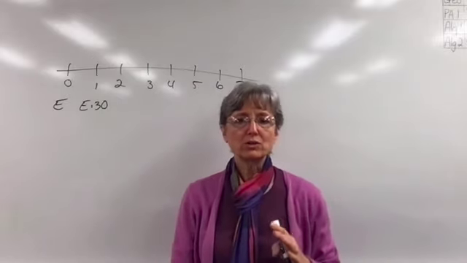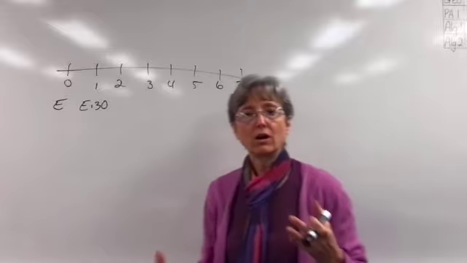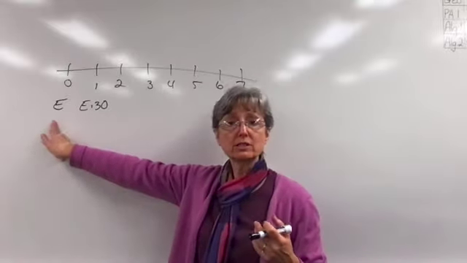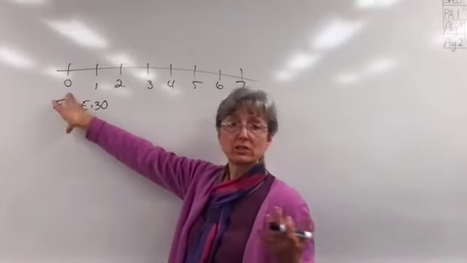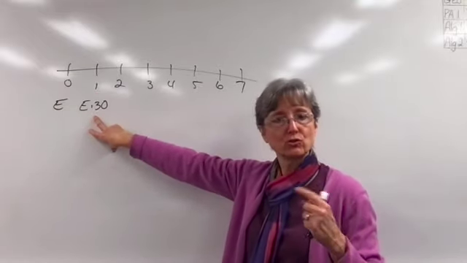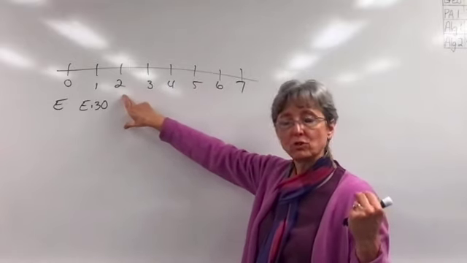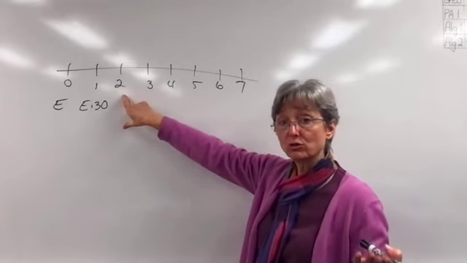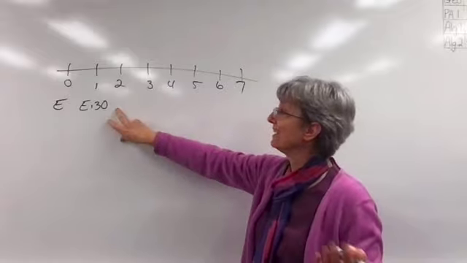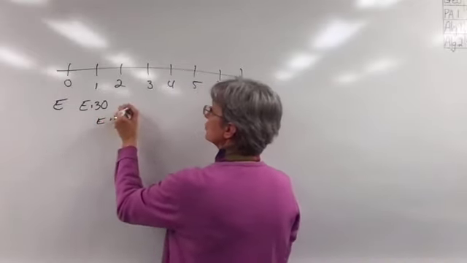Let me show you how this works with earthquake magnitudes. So our energy is the energy released. That's the amount of energy at 0. At 1, it's just the amount of energy released times 30. Each time you go up, so it's magnitude 2 on an earthquake, it's the energy released times 30 squared.